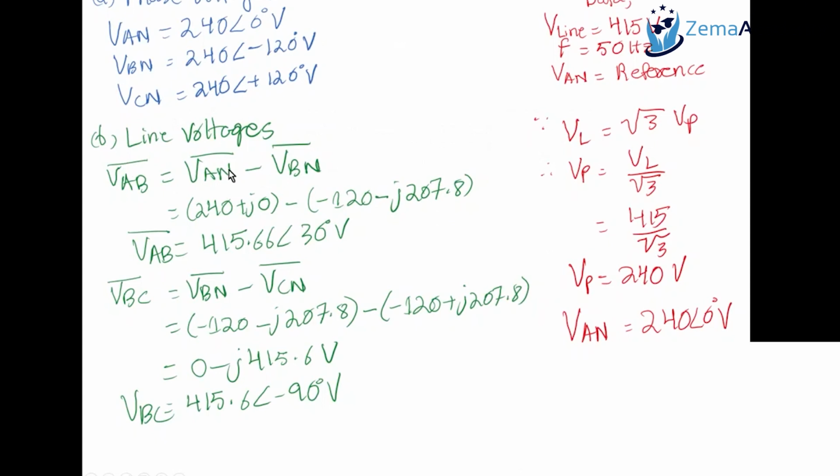Here I am using the simple basic method. VAB equals VAN minus VBN. If I convert VAN, 240 angle of 0 degrees, into rectangular form, that would be 240 plus j0, minus. We must use parentheses.